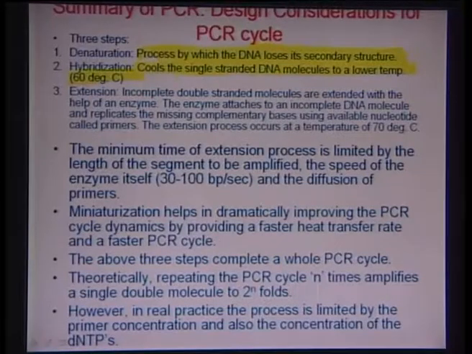So some design considerations for the PCR reaction itself: if you look at time scales of the various cycles, the denaturation, the hybridization or annealing, then the process is really rate limited by the way that the enzyme would be able to stitch the different base pairs and make a complete DNA strand. And so the extension process is really the slowest step of the whole PCR process.